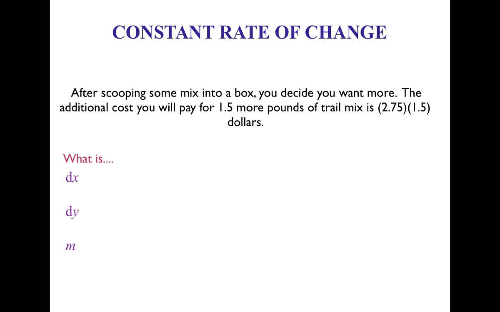So dx is a change in, first of all, change in what? And what is that value in this case? 1.5. Cool. And then dy? What is dy? 2.75 times 1.5. And it represents what? The change in the cost. M is still our 2.75.